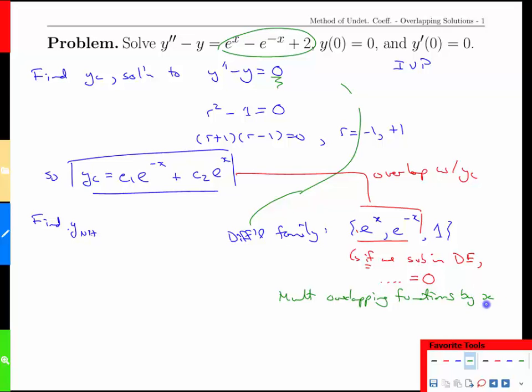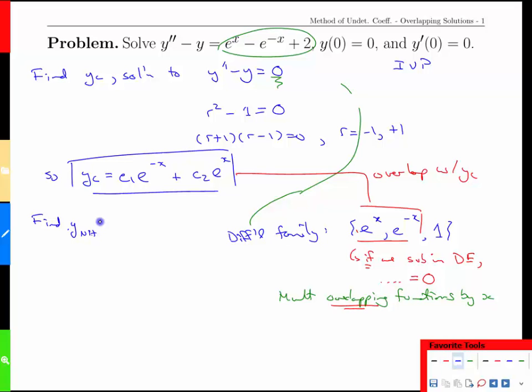Now, there's a general rule here you might see in some practice problems, but you keep multiplying by x until you get something different. So there's two key things. Multiply by x as much as you need to get a new function, but only do it for the overlapping ones. e to the x is already in our complementary solution. e to the negative x is already there, but our constant is not.